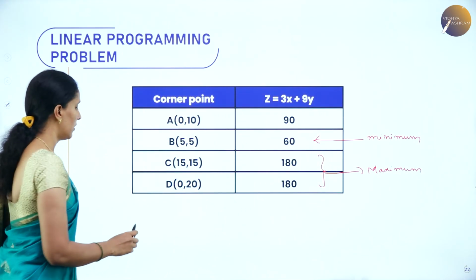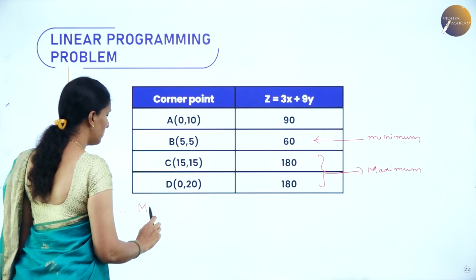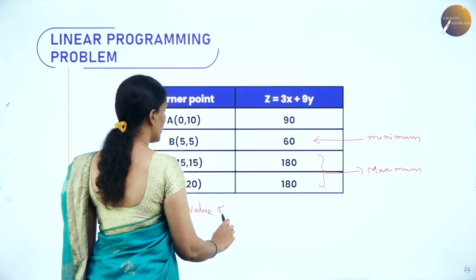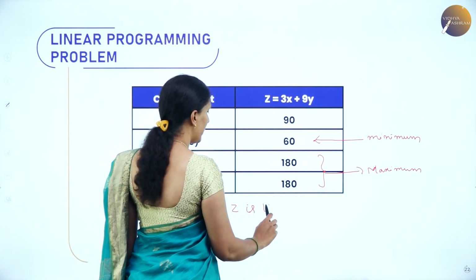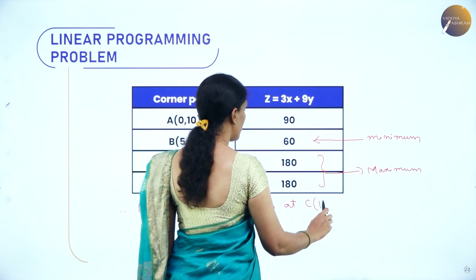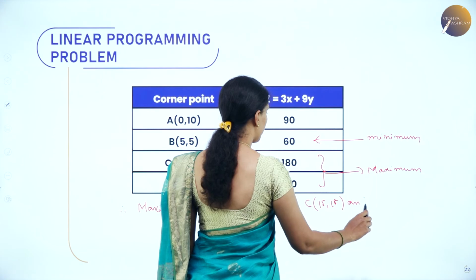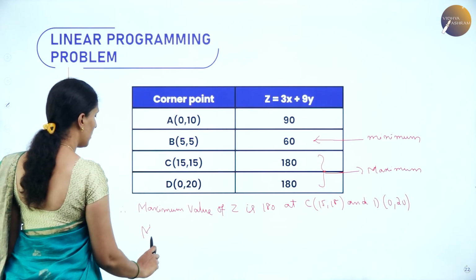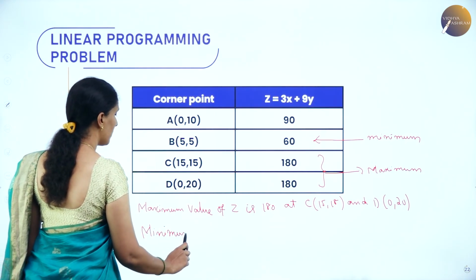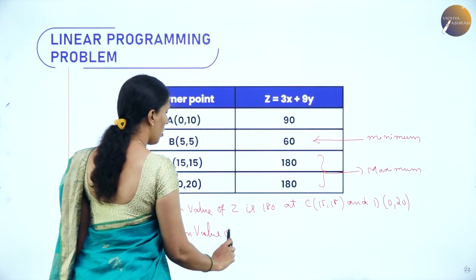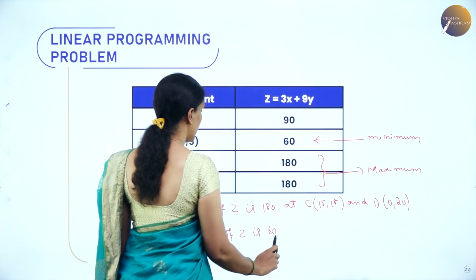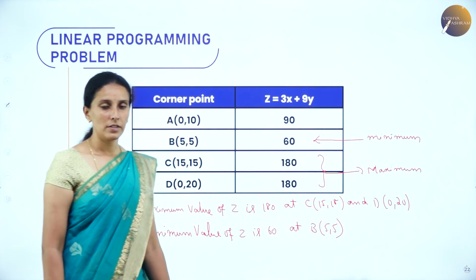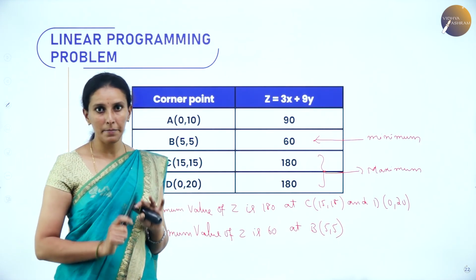Therefore, the maximum value of Z is 180 at C (15, 15) and D (0, 20). Similarly, the minimum value of Z is 60 at B (5, 5). So this is how you are going to find both the maximum as well as the minimum value.